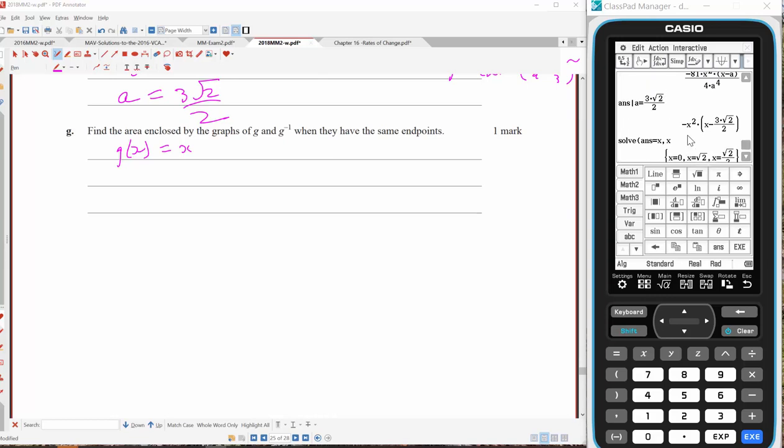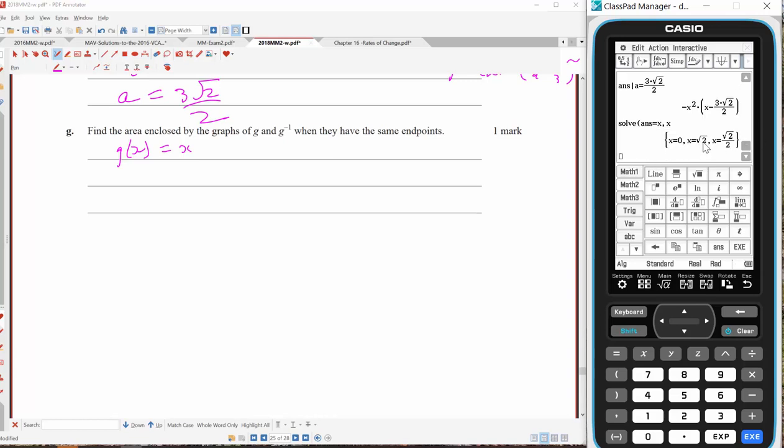My calculator just seems to be misbehaving on this one here. So I've got my original function f of x. I'm going to substitute when they have the same endpoints, which is a equals root 3 on 2. So I'm going to grab that, and that's the function where it has the same endpoint as its inverse. And then I'm going to solve that equals x for x.